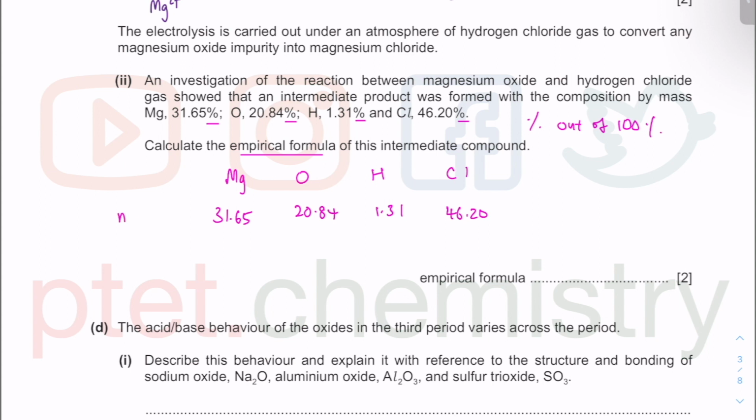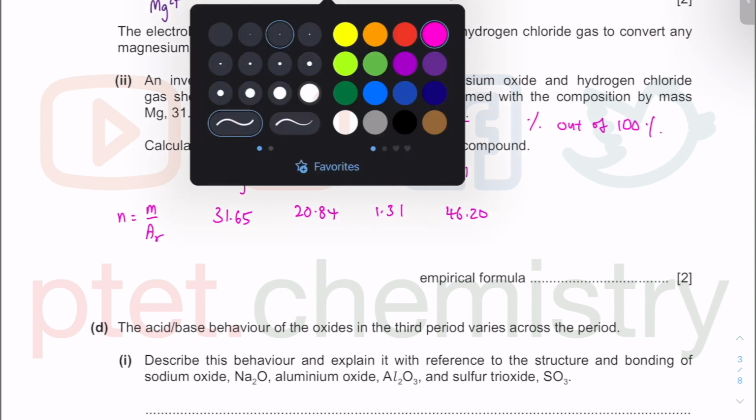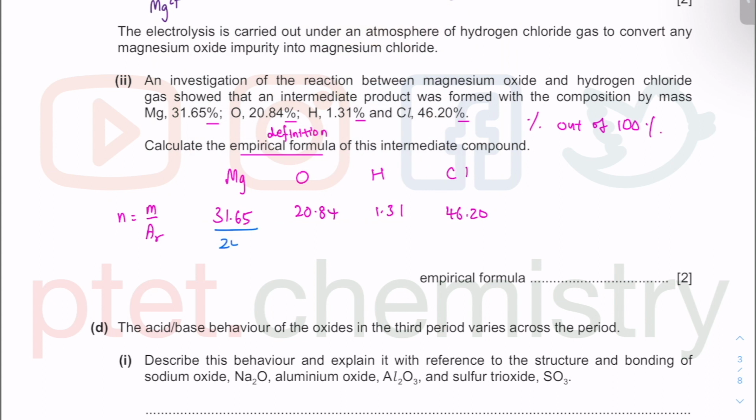But I just want the mass over AR because the empirical formula, AS level definition, is the simplest whole number ratio of the atoms. These things are not molecules, they are atoms. That is why we use the relative atomic mass straight from the periodic table. So this one is going to be divided by 24.0. Oops, hang on. I think it's 24.1 in the periodic table.